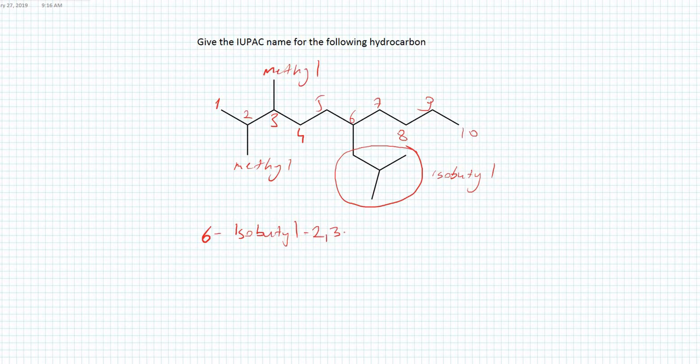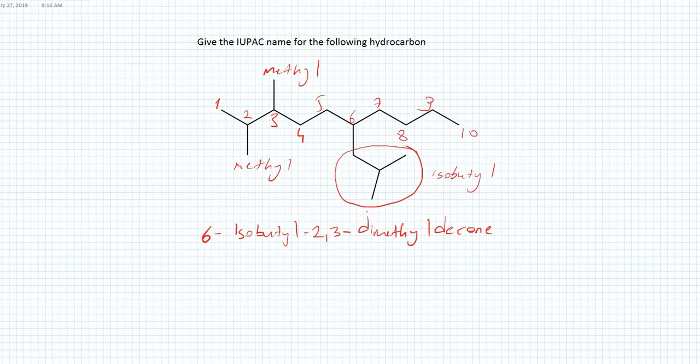Then we have to separate numbers from the alkyl groups with a hyphen. Then we have to say dimethyl. Don't forget, we have to say di, because we have 2 methyl groups. Then the longest chain is 10. This has to be decane. Why do we end with ane? Because this is an alkane.